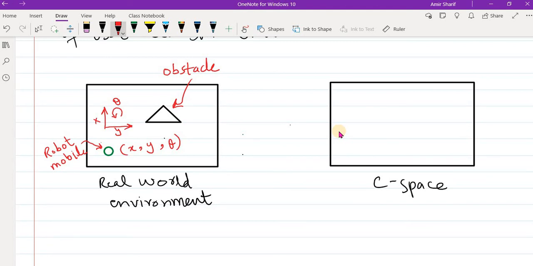Okay, so now we have to represent this thing in the C space. To simplify the calculation, let's say this mobile robot has only 2 degrees of freedom, so we can take this circular robot as a point, and it can move along the XY axes without rotating.